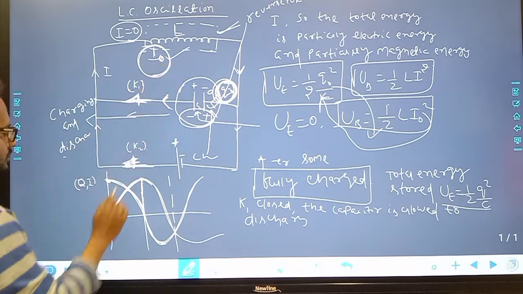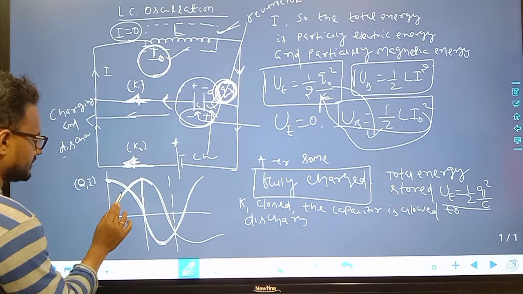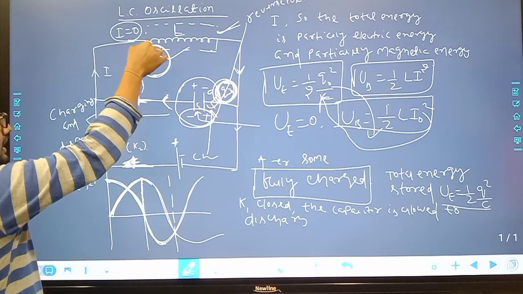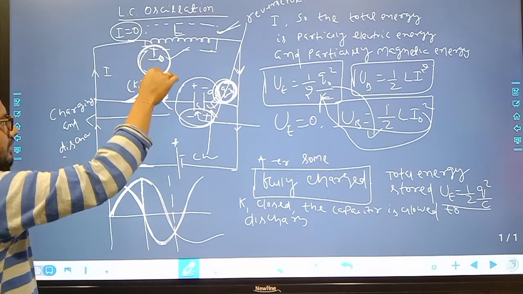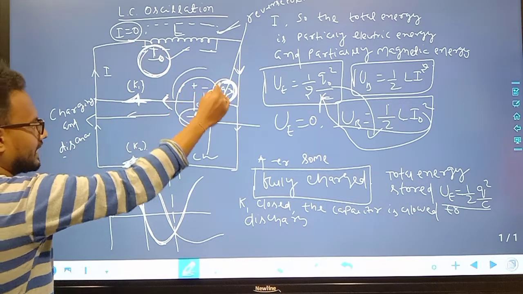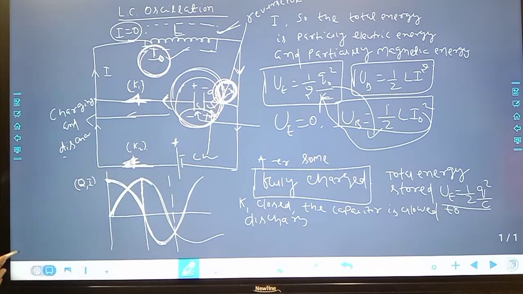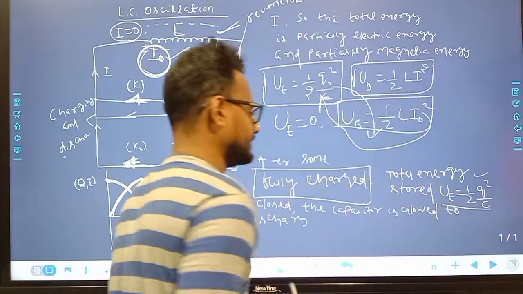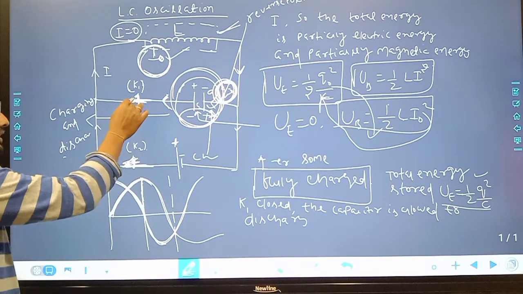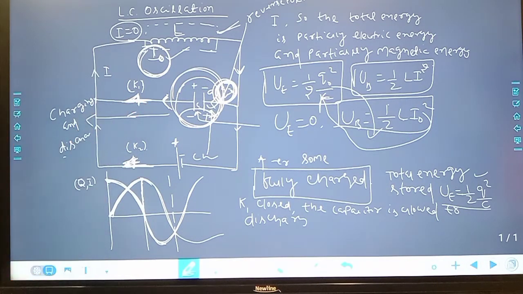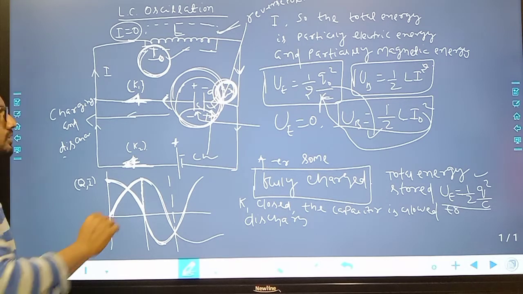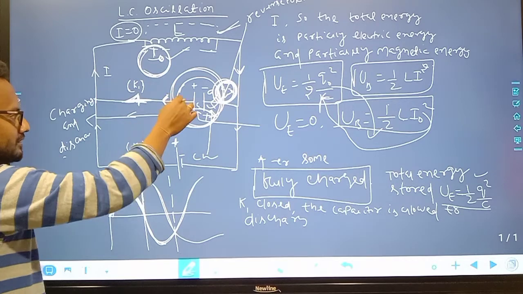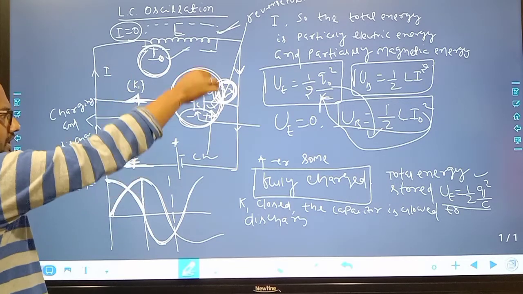After some time, the current becomes maximum and the charge becomes 0. When the current flows and the inductor opposes it, first we have total electrical energy, U is equal to half Q squared by C. When the key K1 is pressed or closed, current flows from this capacitor. This is called the discharging condition of the capacitor.